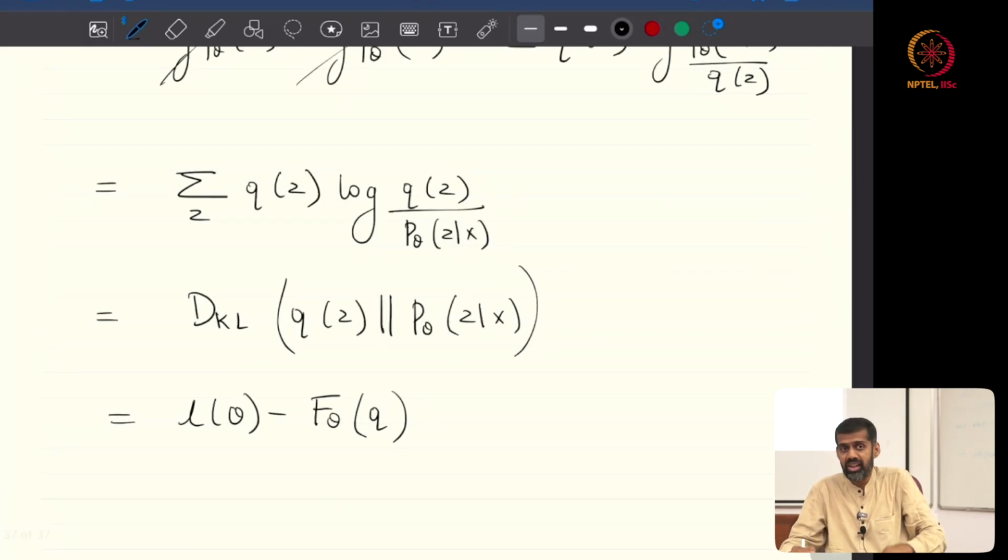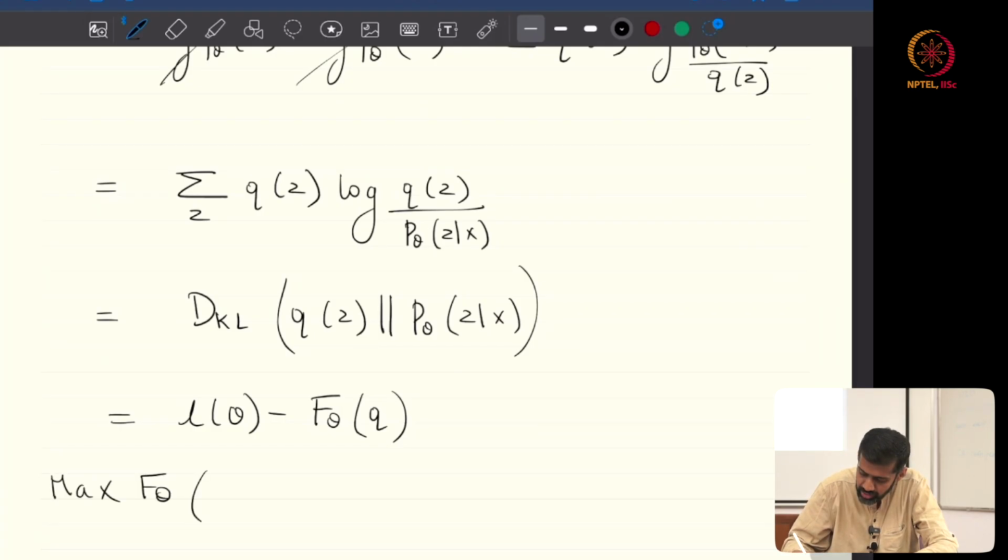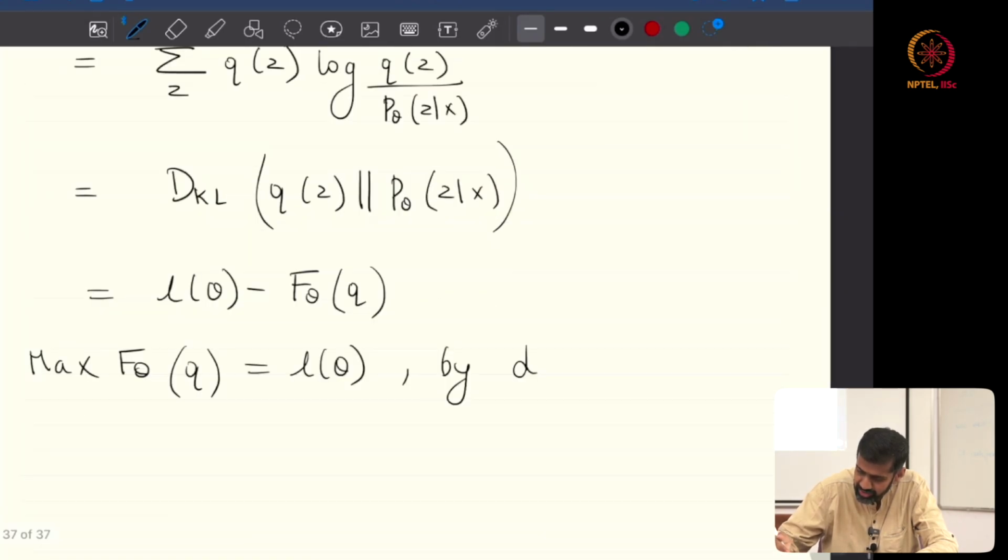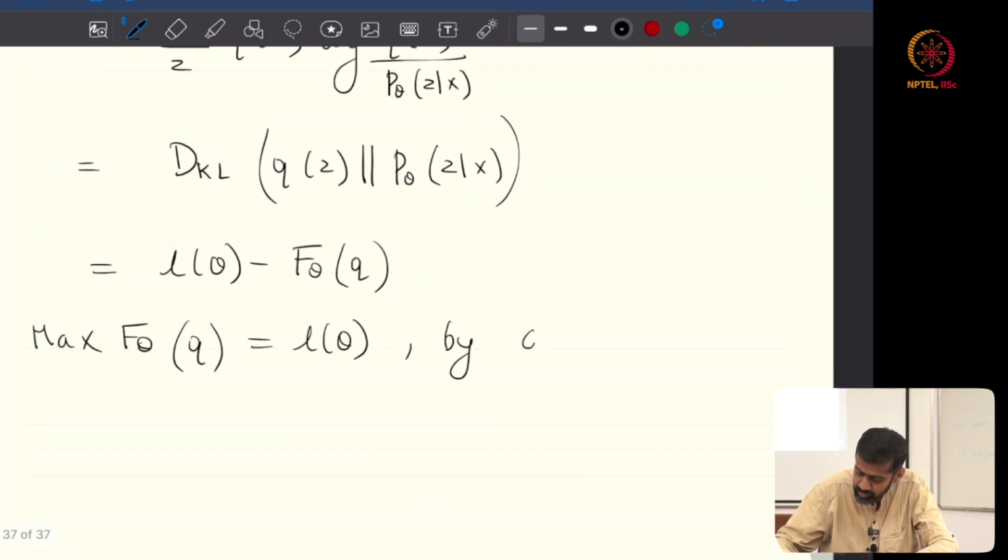Now we already saw that because it is a lower bound, the maximum value of this lower bound is equal to the likelihood function, okay. Max of f theta of q is equal to L theta by construction.